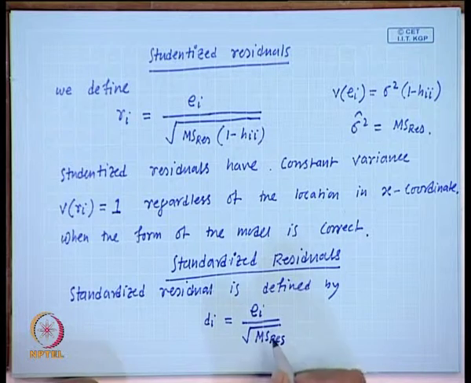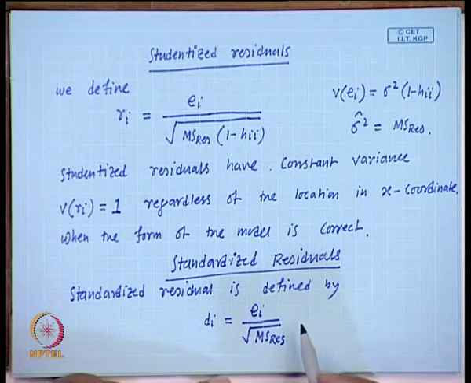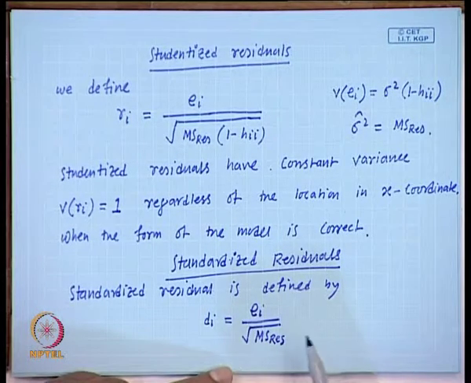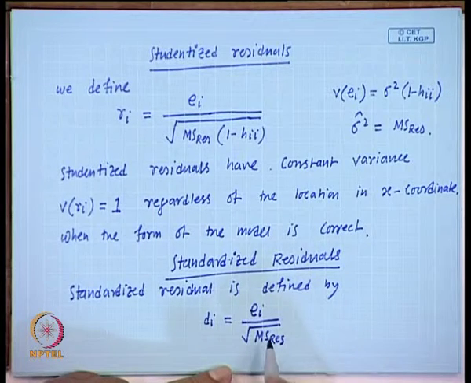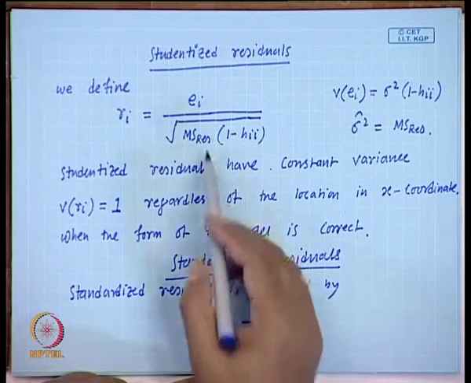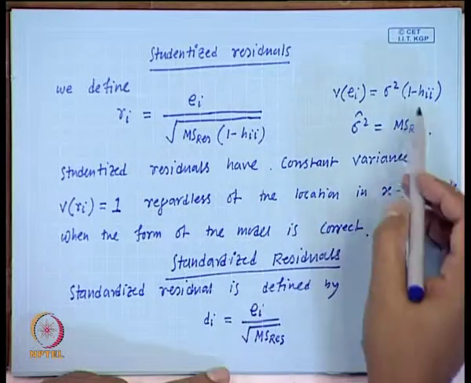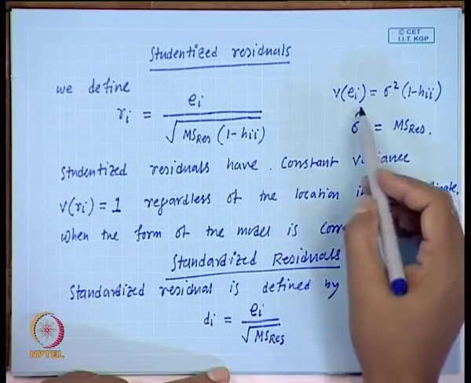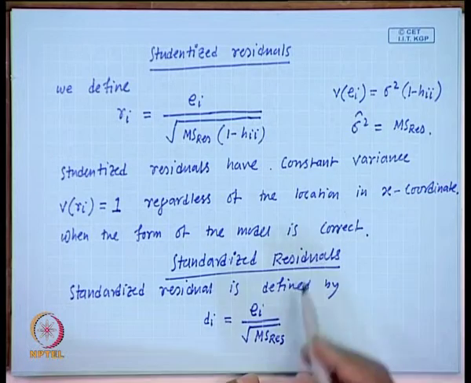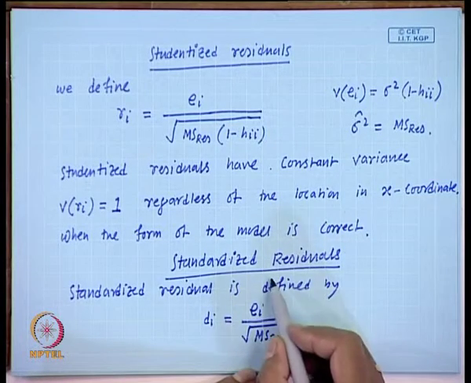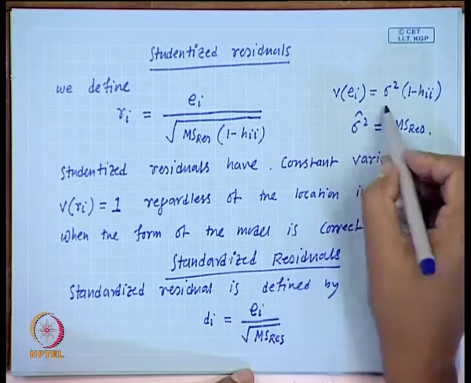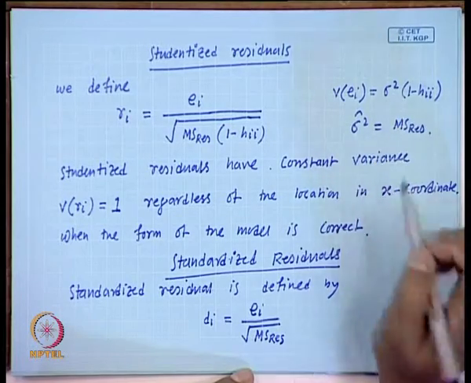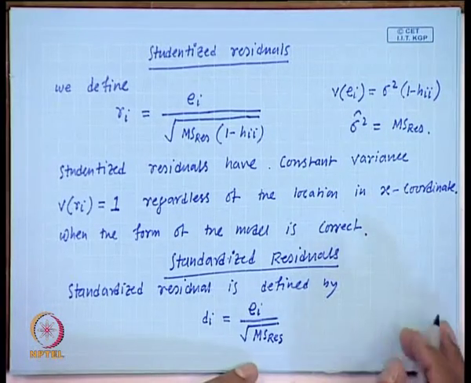So, what we did here is that we are just approximating the standard deviation of ei. The actual variance is sigma square into 1 minus hii, and what we do in the standardized residual is that we approximate this quantity by sigma square.